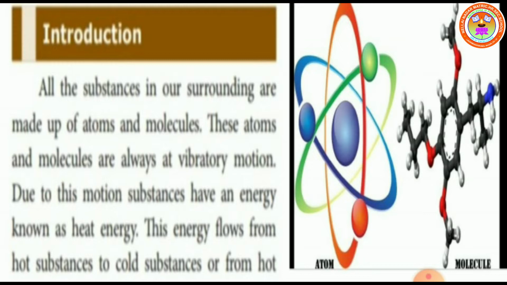Due to this motion, that means movement of atoms and molecules, they have an energy known as heat energy. If you are giving heat energy to the substance, whether it is solid, liquid or gas, it absorbs heat energy and the atoms and molecules vibrate.